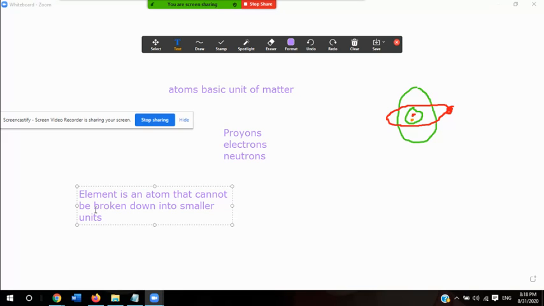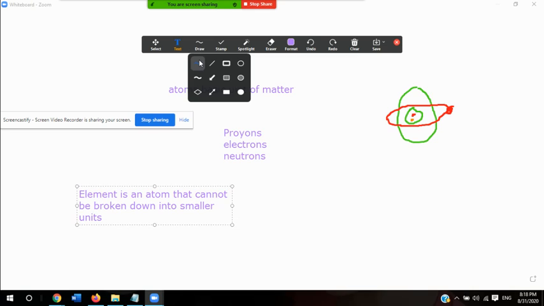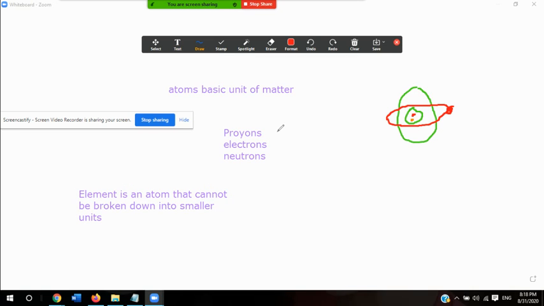Your book defines it a little bit differently: an element is a particular type of atom that cannot be broken down into simpler substances by ordinary chemical means.